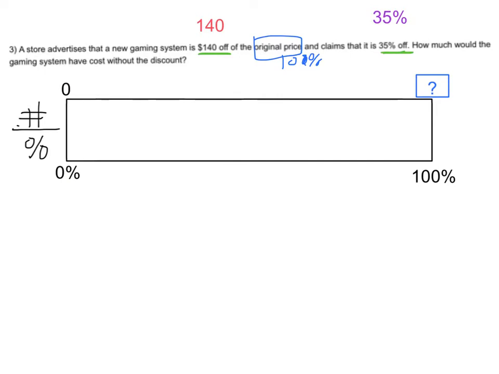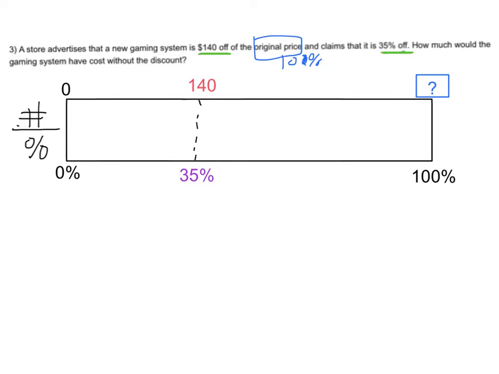Now, if we place this on our handy dandy model, since 35% happens to be less than 50, we know we're going to be a little bit closer to 0 on our diagram, so we can just put a line here. And we know that 35% is $140 off.